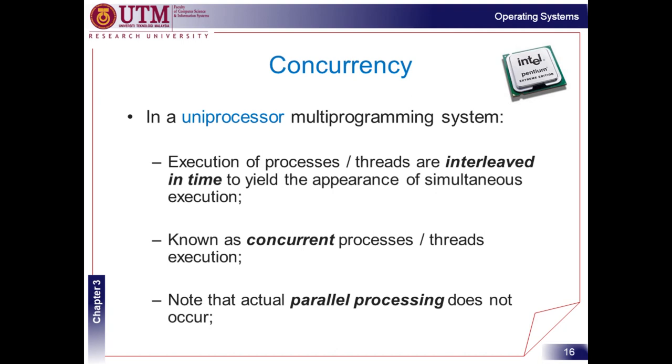Concurrent execution can improve the performance and responsiveness of the system as well as enable more efficient use of resources. However, concurrent execution also introduces challenges such as synchronization, communication, and coordination among the processes and threads.